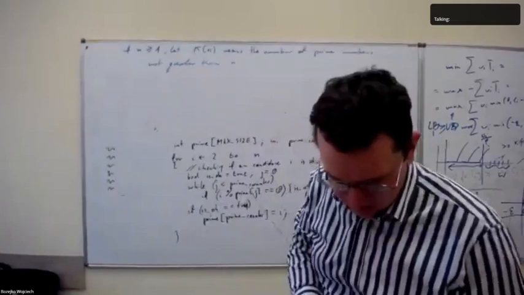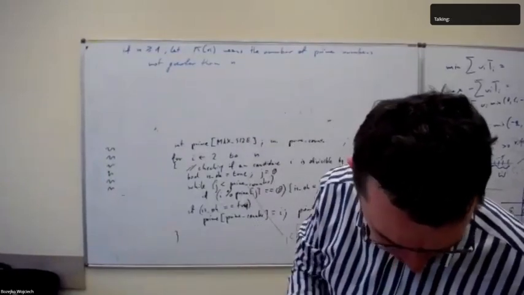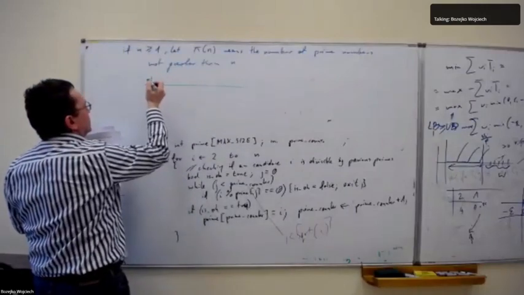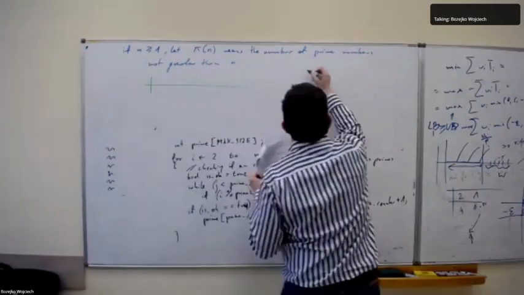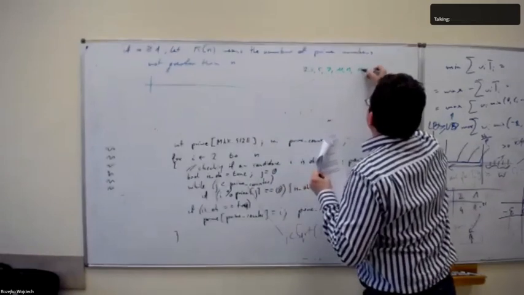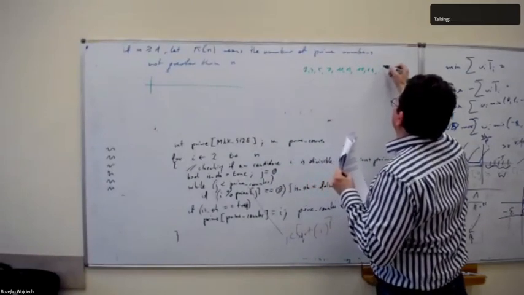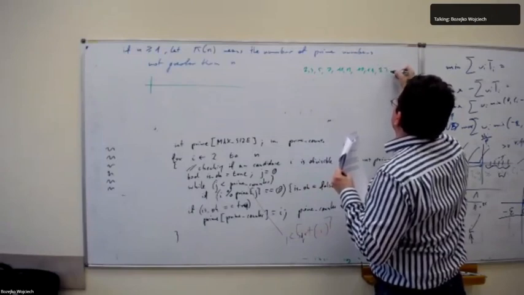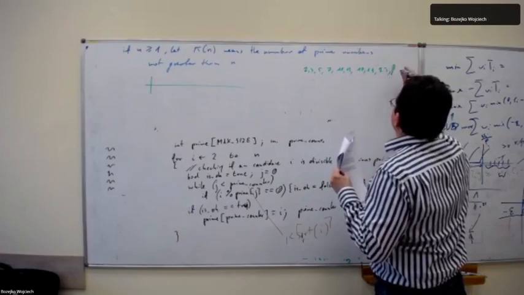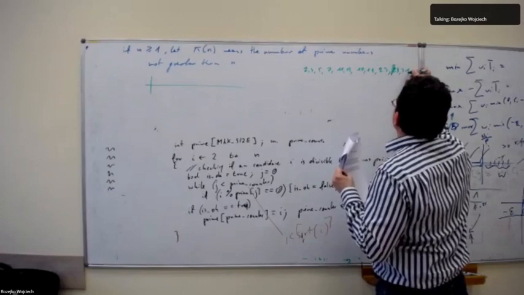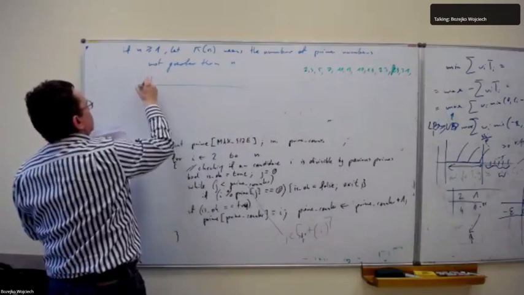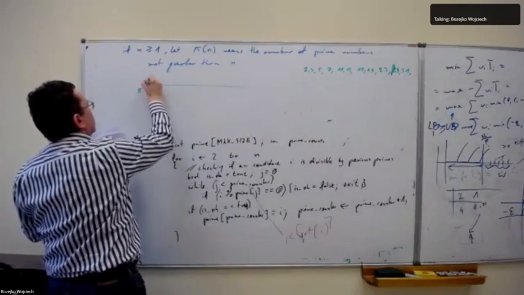For instance, we can write such a kind of table. Let's write the previous primes: 2, 3, 5, 7, 11, 13, 17, 19, 23, 29, 31. Okay, so we have here n, and this will be P(n).